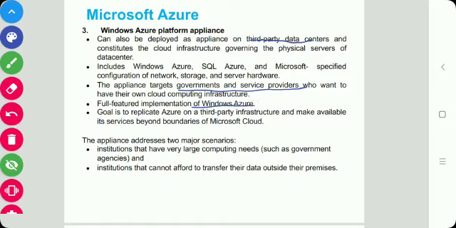Its goal is to replicate Azure on a third-party infrastructure and make available its services beyond the boundaries of the Microsoft cloud. So this appliance addresses two major scenarios. First is institutions that have very large computing needs, such as government agencies, and institutions that cannot afford to transfer their data outside their premises.